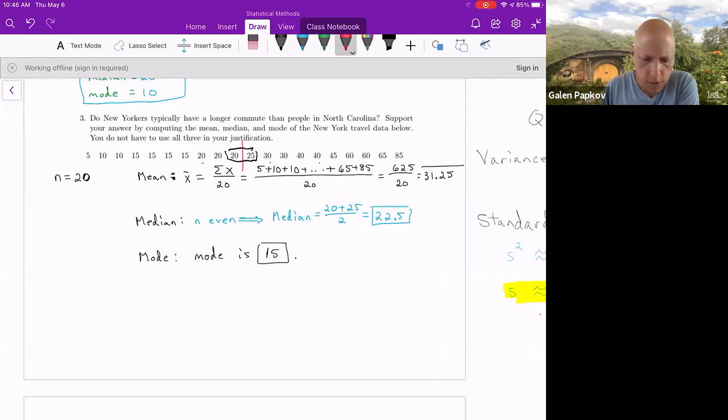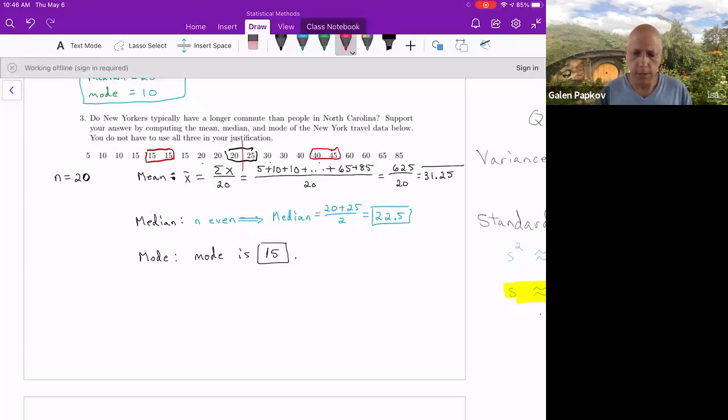So we have 1, 2, 3, 4, 5, 6, 7, 8, 9, 10 values on the left, 10 values on the right. This is an even number, so the median is going to be the average of the middle two. And so that's going to be the average of the fifth and sixth. 1, 2, 3, 4, 5. The fifth and sixth. And on the right side, 1, 2, 3, 4, 5. You've got these as the middle two.